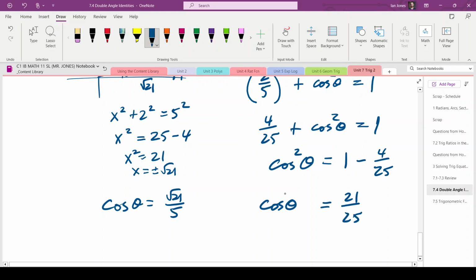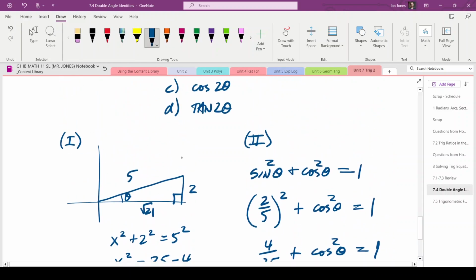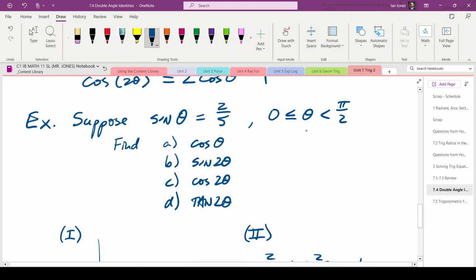That's cosine theta squared. Now if I square root both sides, I'll get cosine theta. That's what I was asked for. So I'll square root the left-hand side, I get cosine theta. I square root the right-hand side, I get a plus or minus, but we know our answer is going to be the positive one because all trig functions are positive in the first quadrant, and we were told that we're in the first quadrant.